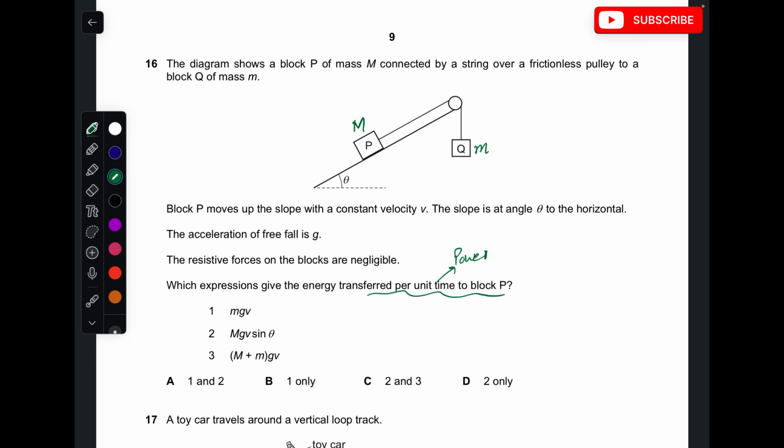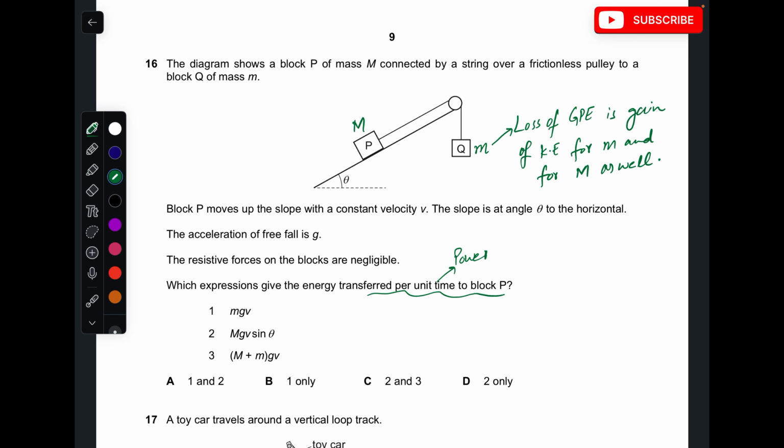We know this M is losing GPE, gravitational potential energy, which is basically the gain of kinetic energy for m and for capital M as well, for P and Q both.